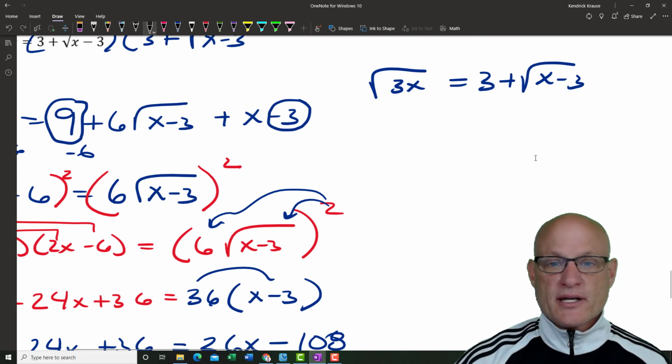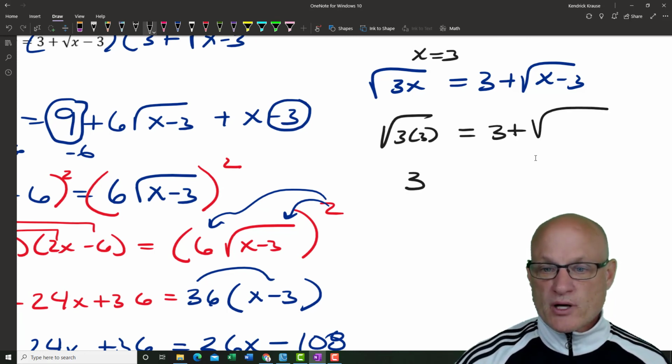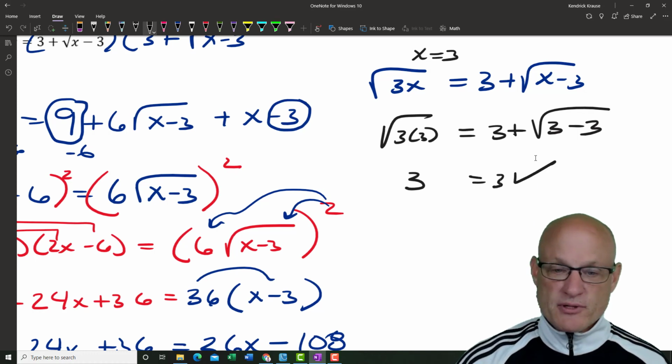Let's try plugging in x equals 3. The square root of 3 times 3, that's the square root of 9, which is just 3. Does that equal 3 plus the square root of 3 minus 3? Well, the square root of 3 minus 3, that's 0. So that's just equal to 3. So it looks like 3 works.